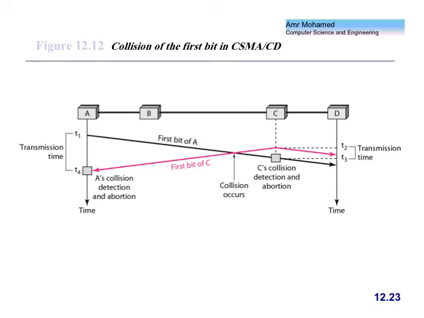Remember that CSMA/CD does not use acknowledgement. It uses only negative acknowledgement. Only if the frame arrives on the other side and the other side cannot decode it will the other side send a negative acknowledgement, and I will hear it. I will detect that this frame has not been sent correctly, so I will send it again.